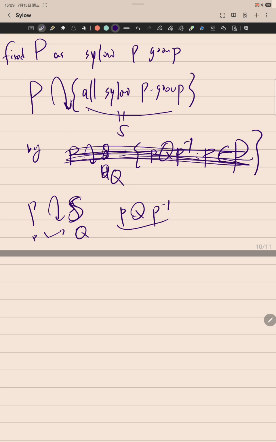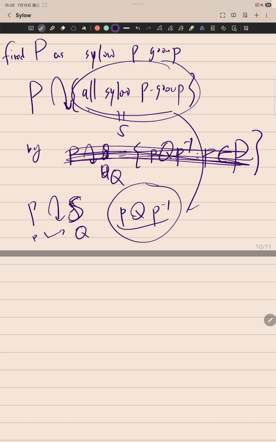So this is a Sylow subgroup, right? Because it's a subgroup and its size is p to the n.